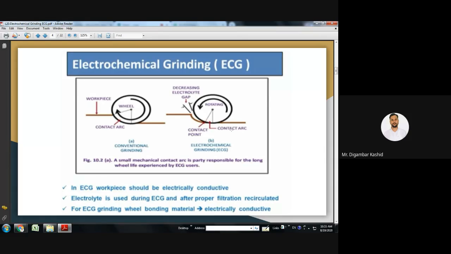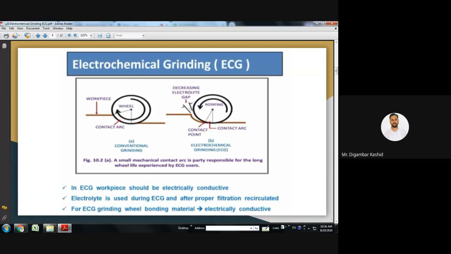But in this case, ECG, there is a rotation of the grinding wheel. There is a decrease in the gap, decreasing the interelectrode gap. Initially the interelectrode gap between your wheel and workpiece is more, and then later on it will decrease.